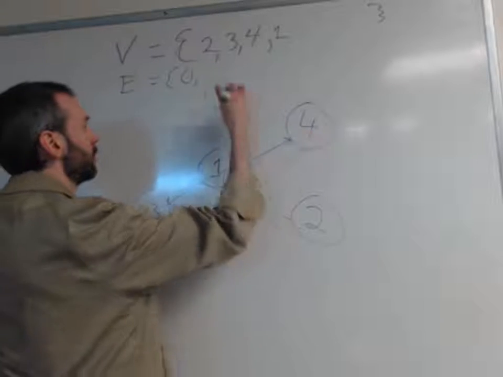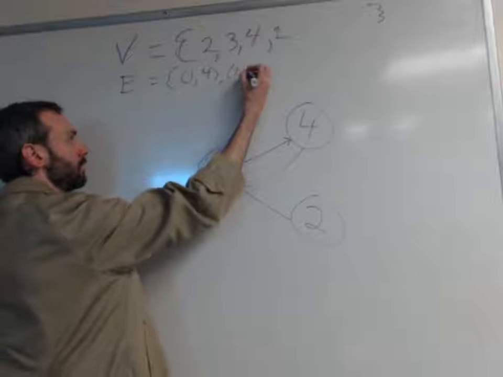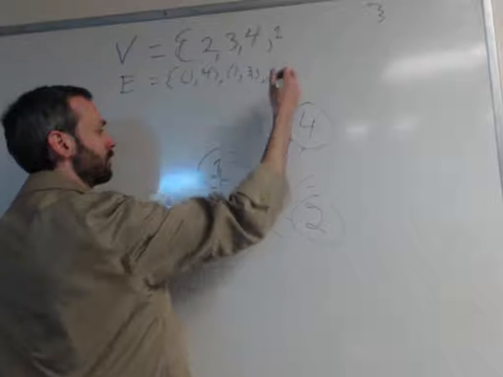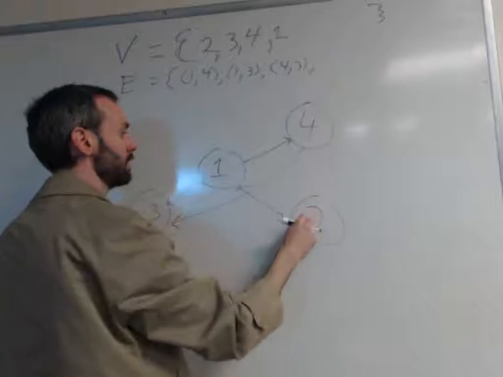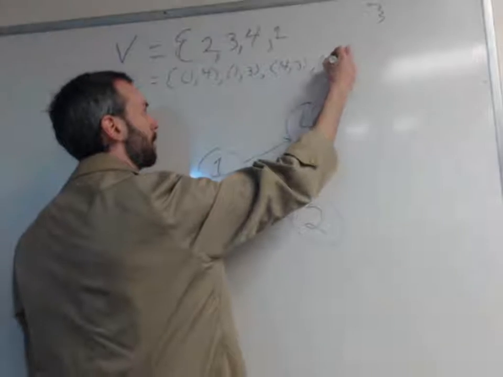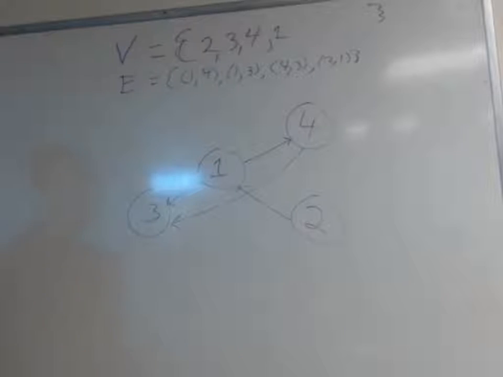So you would have 1 going to 4, 1 going to 3, 4 going to 3, and 2 going to 1. Y'all see what I did?